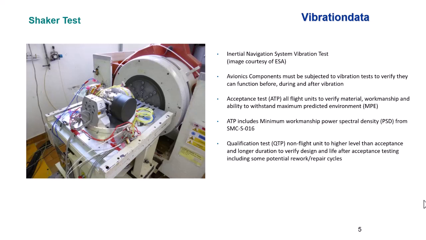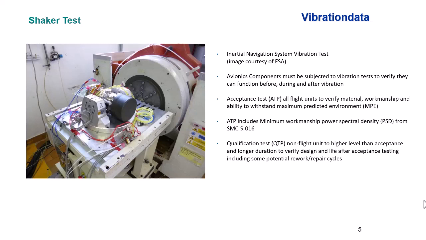Now it kind of sets up a bit of a dilemma, but here's our dilemma that we have. So we can go ahead and test the component, and usually we test these separately in each of three orthogonal axes. And we can acceptance test the component, and let's say it passes. Well, that's great. So the next time the component encounters vibration will be on the launch vehicle.